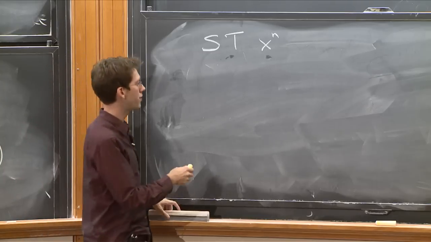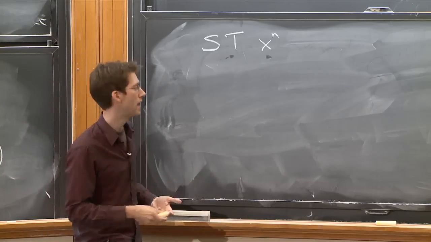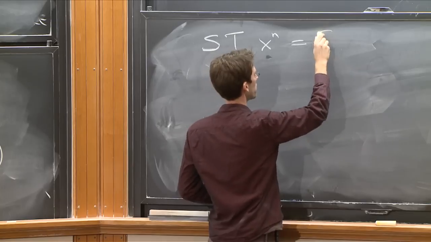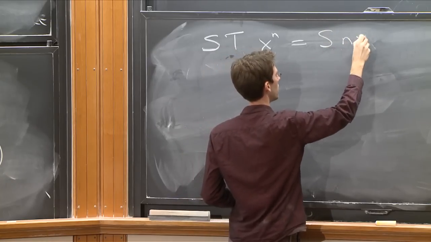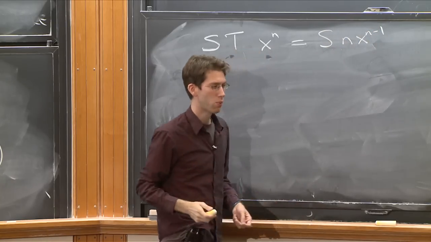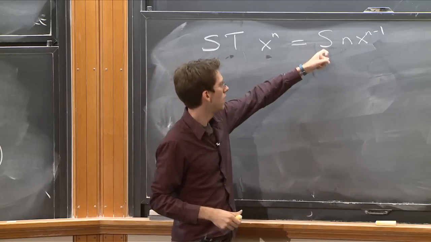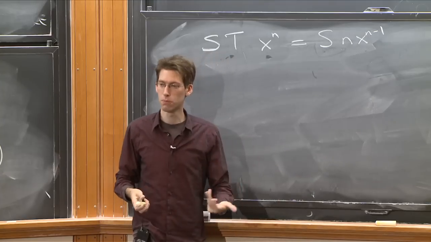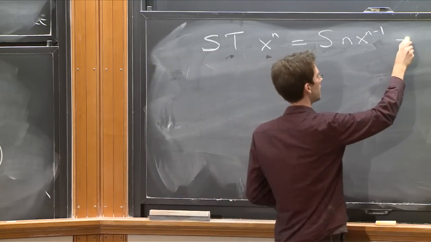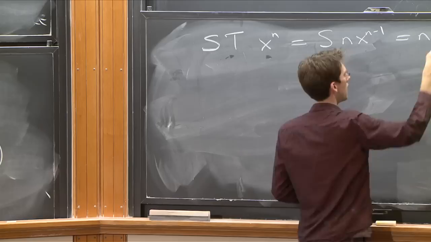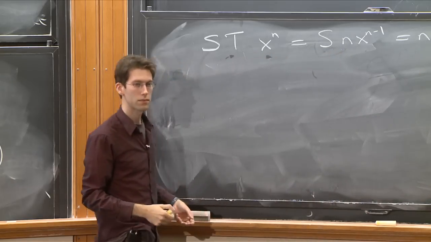So it sends this to n times x to the n minus 1. So we get s times n x to the n minus 1. Linearity means we can move the n past the s. S acting here multiplies by x. And so we get n times x to the n.